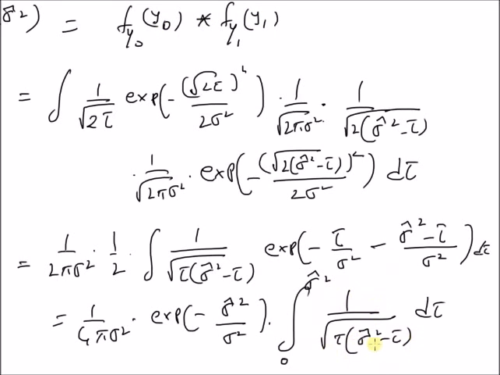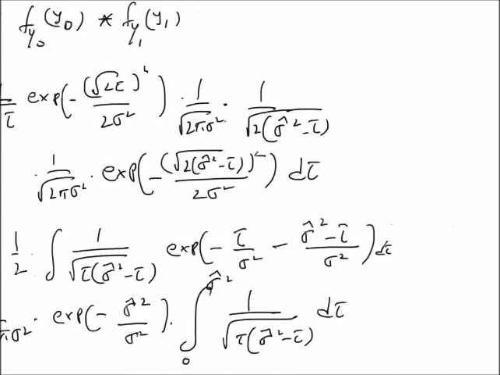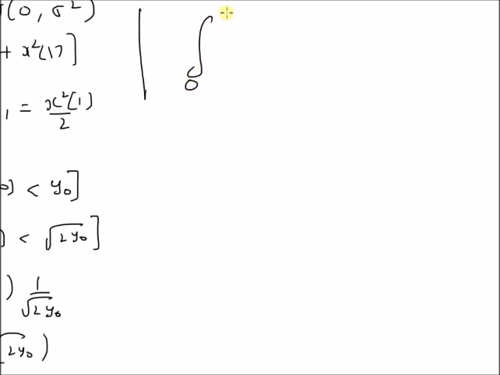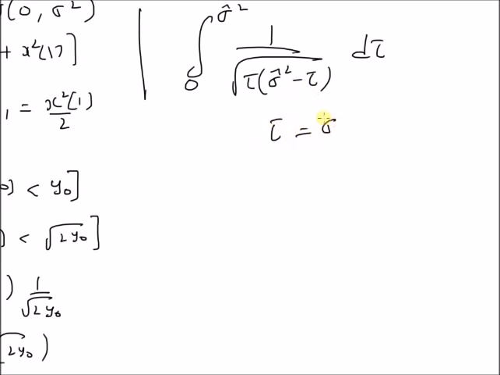Now our goal is to evaluate that integral: integral from 0 to sigma square hat of 1 by square root of tau into (sigma square hat minus tau) d tau. This integral can be easily evaluated by using a parametric substitution. That is, tau is equal to sigma square hat into sine square theta.